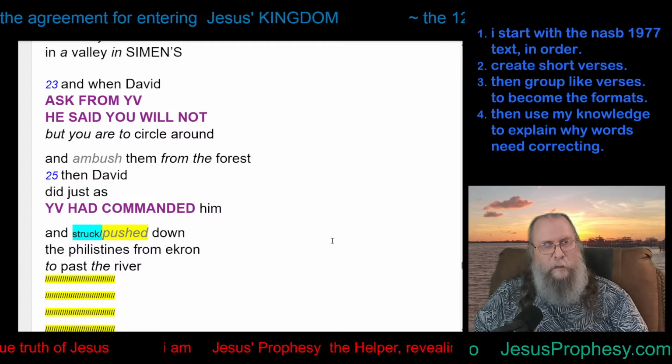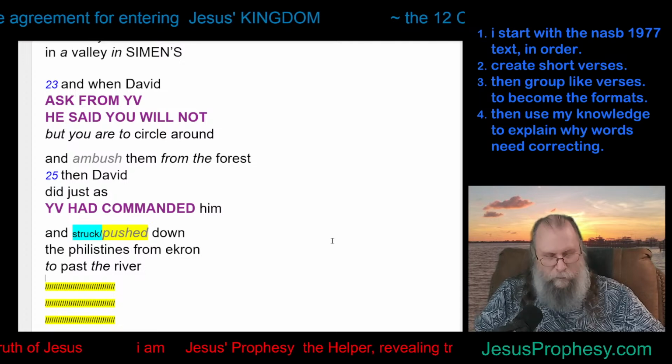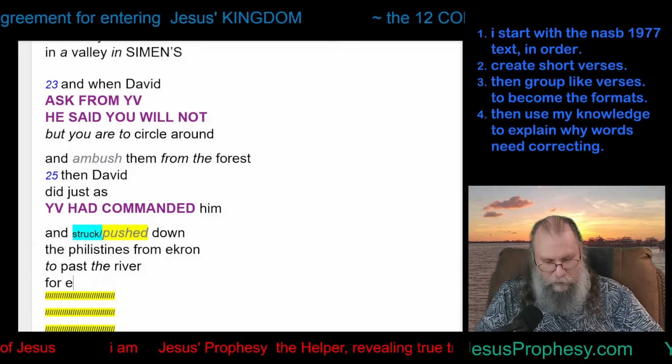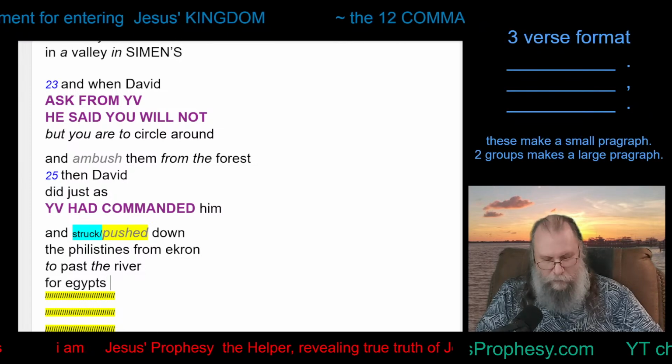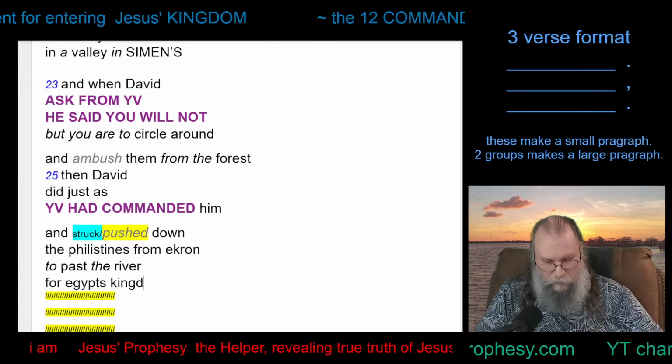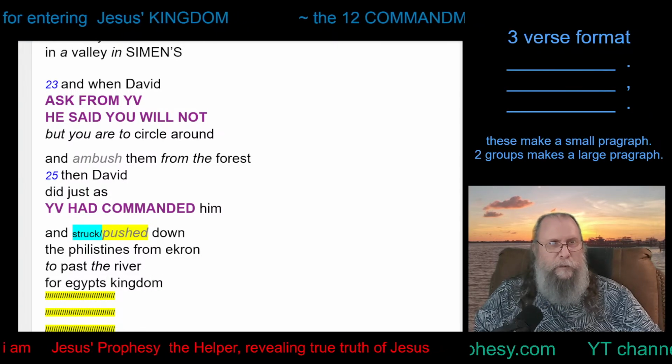It's the river over Egypt's, for Egypt's kingdom.